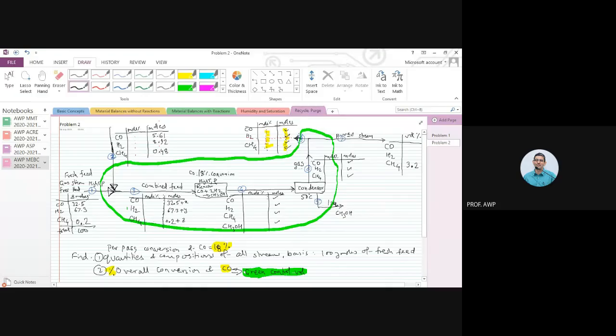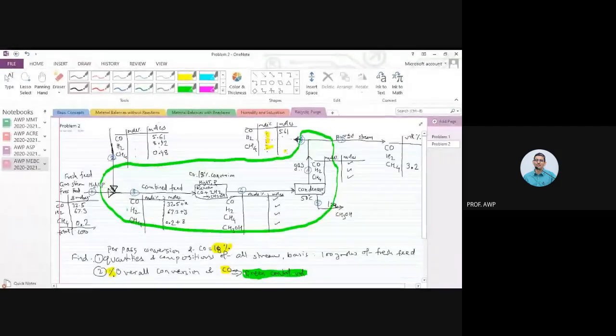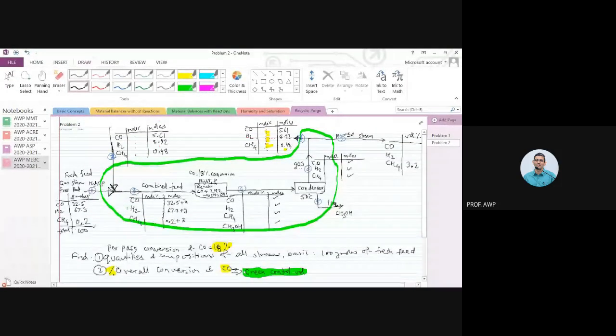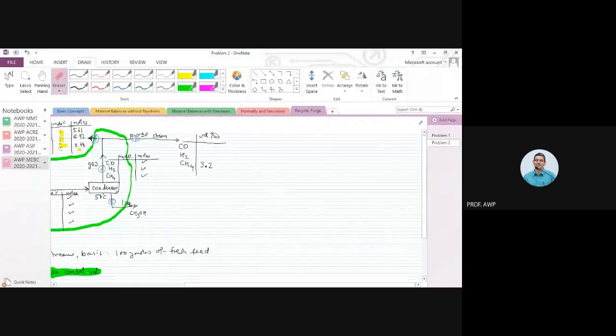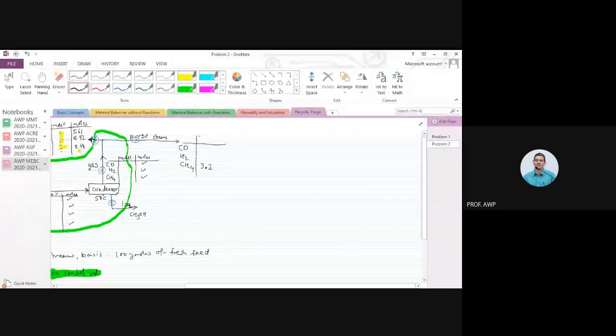Have you used the condition that stream 2 and stream 8 are identical? Yes, sir. So that means this stream 8 also would have 5.61, 8.92, and 0.48, isn't it? Now, by doing all that, do you have mole percent of methane as 3.2?